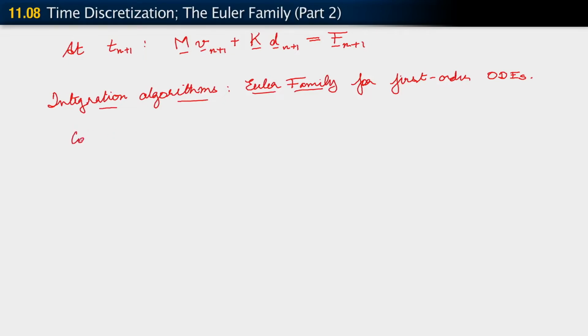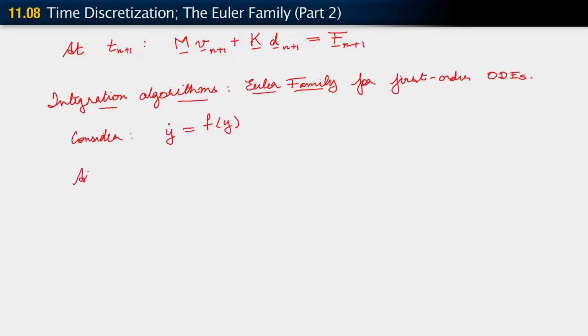Suppose we're considering the following ODE: y dot equals f of y. So what we will say here is that the time discretized version of this, or the solution as posed by the Euler family of algorithms, is the following.